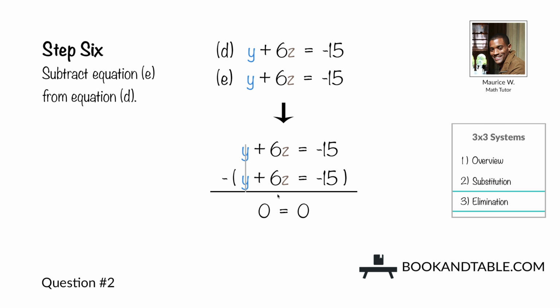So we wind up with the true statement, 0 is equal to 0. And that lets us know that there are an infinite number of solutions to this 3x3 system. So once you hit this statement here, you are done. And you know that there are an infinite number of solutions to this system.